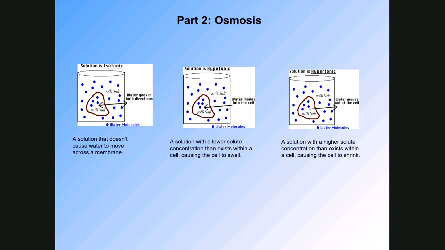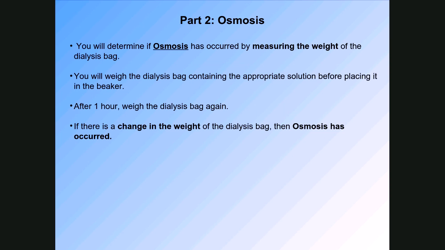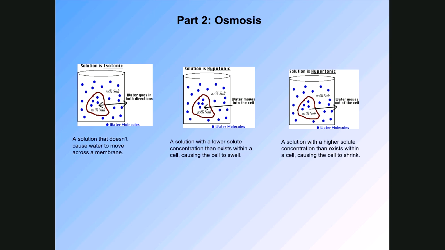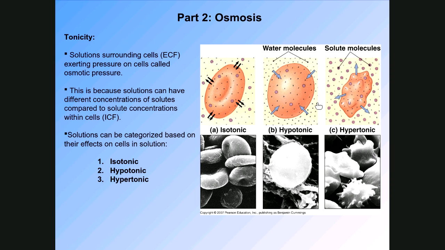So these are some beakers that tell you a few things, but I'm going to jump over here. The way we experimentally determine if osmosis is occurring is by weighing the dialysis bag. The bag you have filled with a solution functions as the ICF, because the dialysis bag is comparable to these red blood cells.